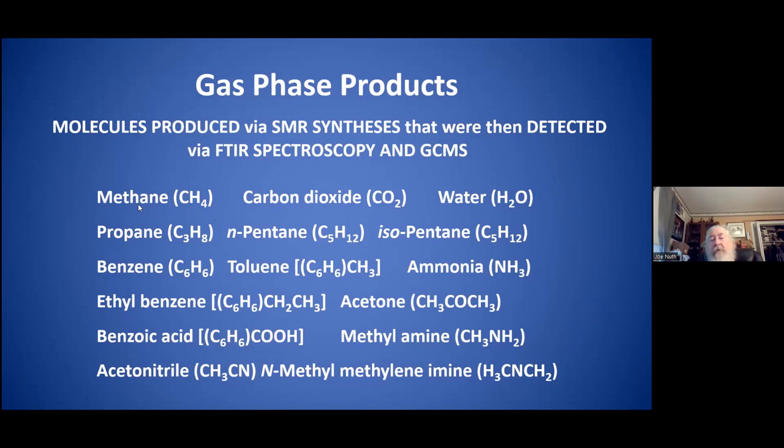So I'm not sure that you have the sensitivity to see much beyond the simple things like methane and ethane. You won't necessarily see these things because they're down by probably 6 or 7 orders of magnitude from the methane in that case. You'll probably also not be able to see the carbonaceous solids, because again, they have no real spectral signature that's different than carbon on the surfaces of grains.